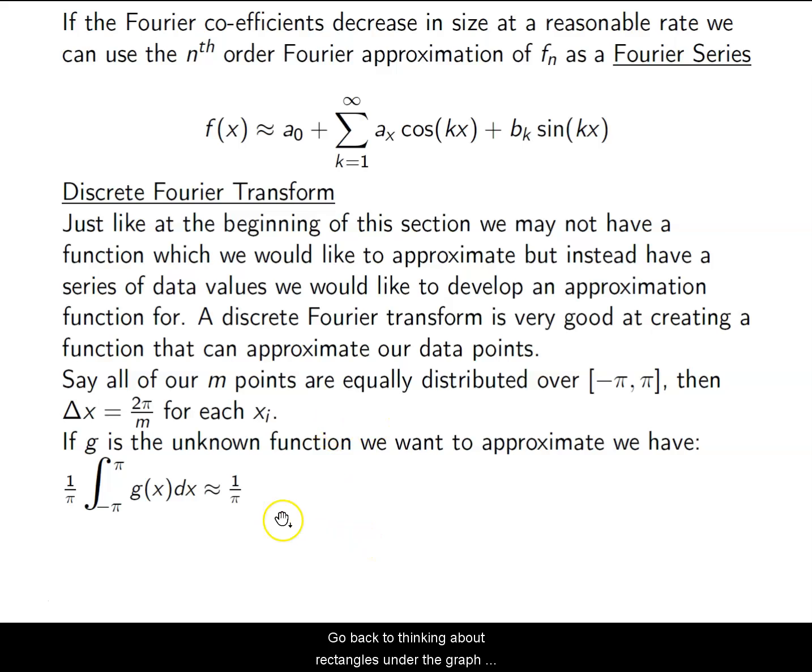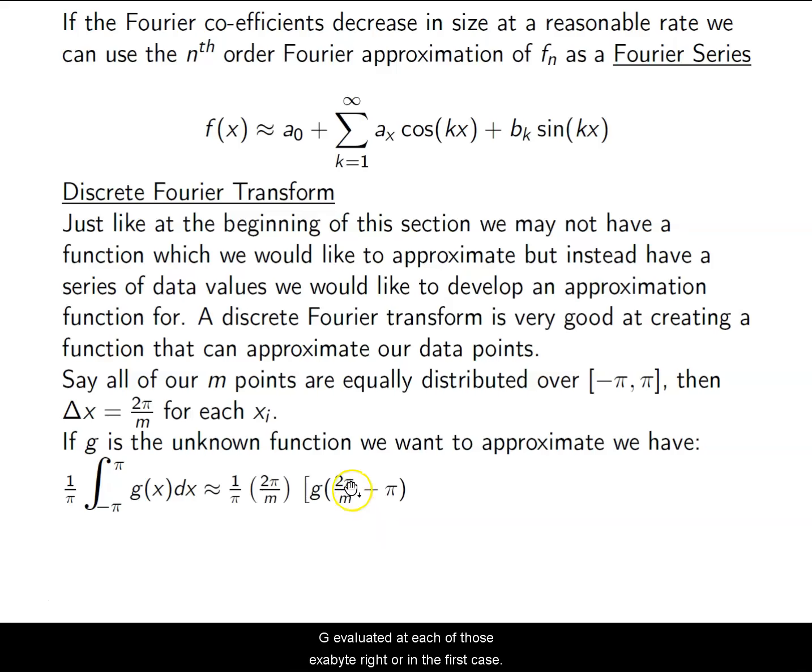All of their widths will be delta x. Delta x is 2 pi over m. And then we'll multiply all of those rectangles by their height, right? So it's a bunch of areas. They have equal widths, which is why we pull this out as a constant. And their heights are given by g evaluated at each of those x sub i's, right?